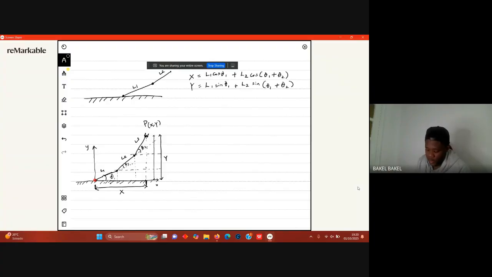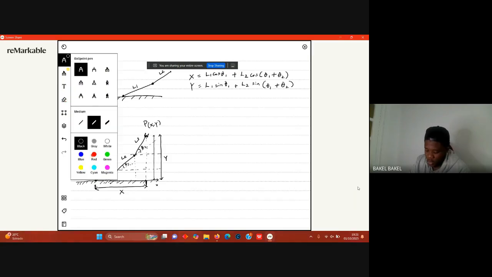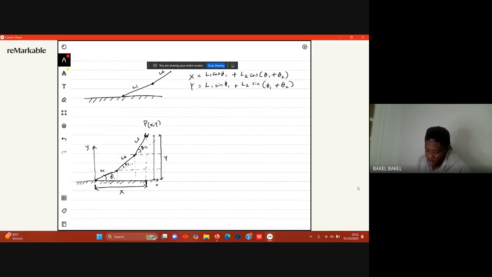Here we can isolate this. Let me use another color so it's a bit easier. Here we have this triangle, and then we can get x1. You see there's another triangle up here, and from here, we can get x2.